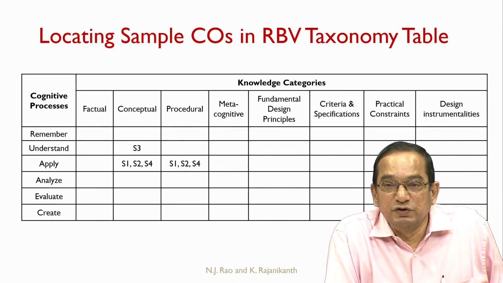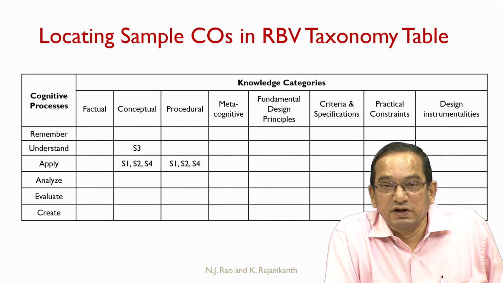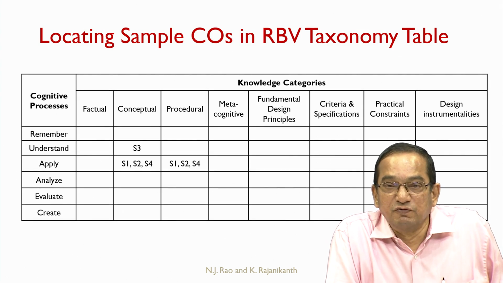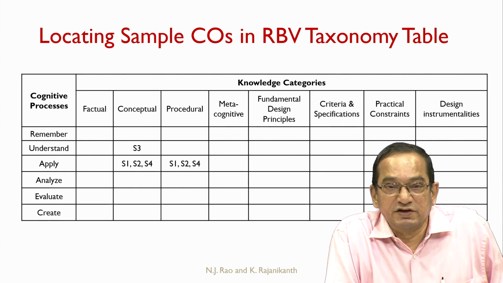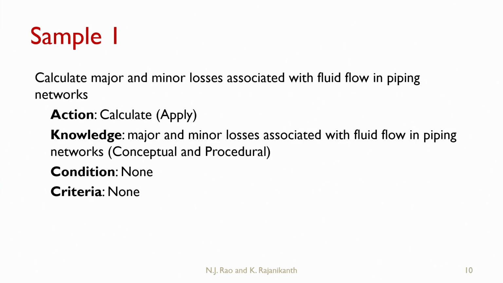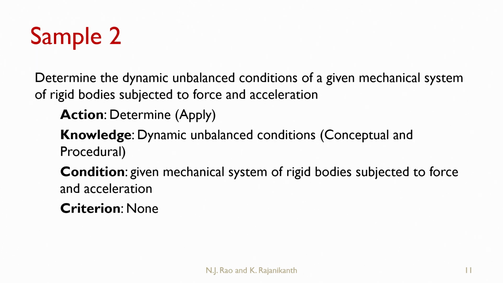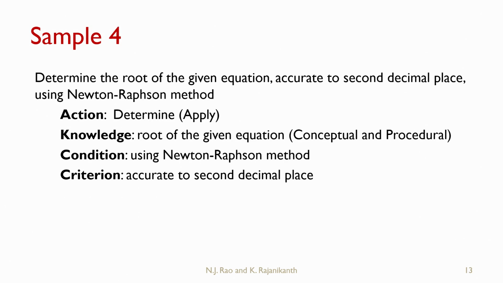And once we have the outcome statement, we can locate the course outcome statement in the revised Bloom-Vincenti taxonomy table. If you look at S1, S2 and S4, the samples 1, 2 and 4, all of them were at apply level. Sample 1 is at apply level, sample 2 is also at apply level, sample 4 is also at apply level.